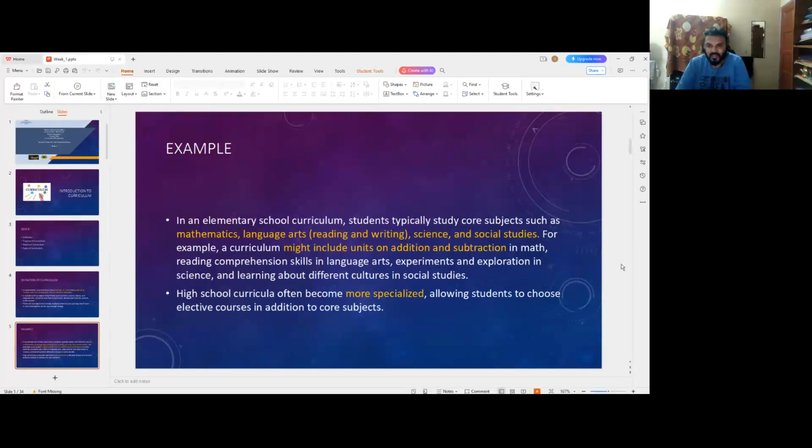Mathematics includes addition and subtraction, the language arts include reading comprehension skills, science involves experiment and exploration, and learning about different cultures is in our social studies. High school curricula are more specialized, allowing students to choose elective courses in addition to the core subjects. It is the same pattern in the university as well.